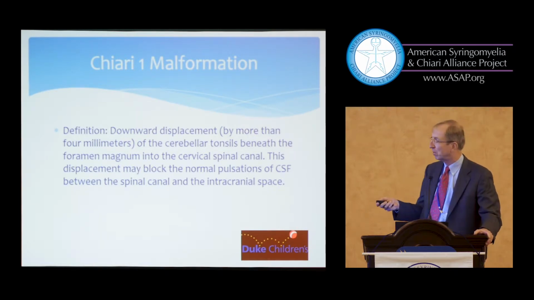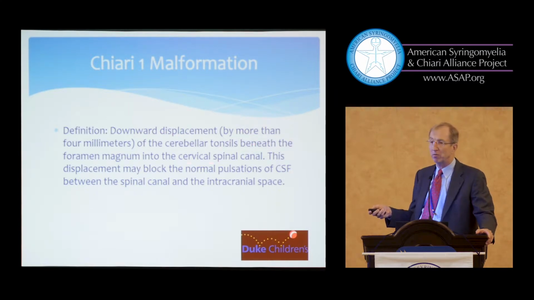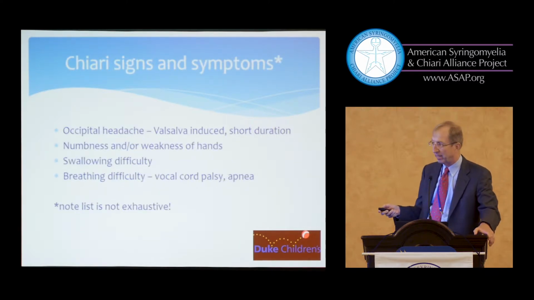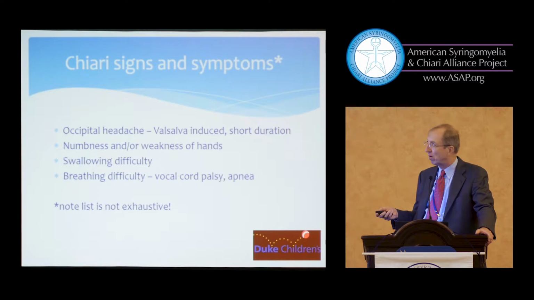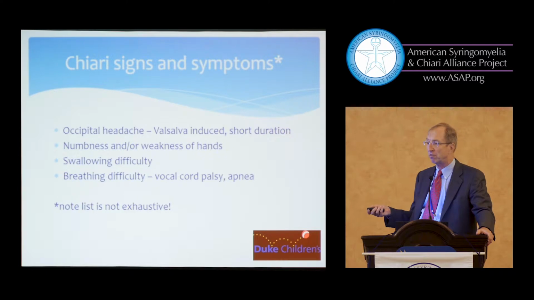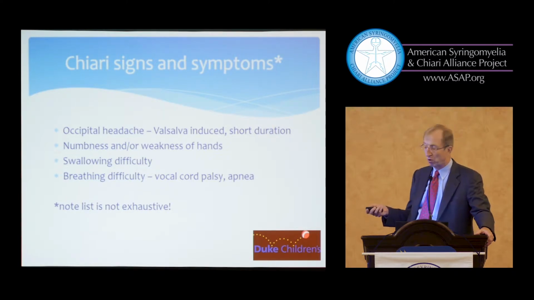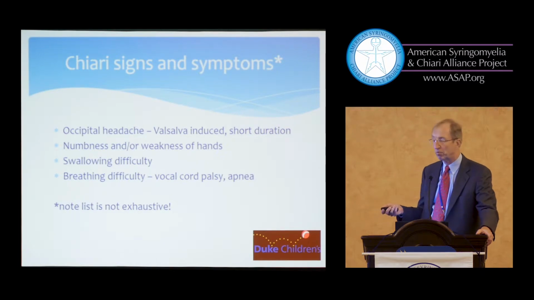There's a great deal of difficulty, but I think the most important thing that everyone agrees upon is really not so much the number, but the effect on the normal pulsations of CSF flow between the spinal canal and the intracranial space. This is a very short list of some Chiari signs and symptoms: occipital headache, Valsalva-induced and of short duration, so if you cough, sneeze, or strain; numbness or weakness of the hands; signs of brainstem compression, including swallowing difficulty or breathing difficulty; vocal cord palsies, or even central sleep apnea, all of which you've heard about a little bit.